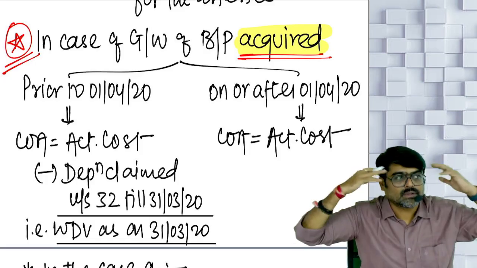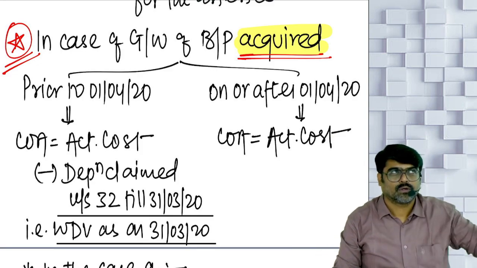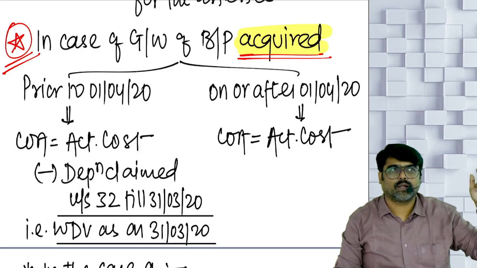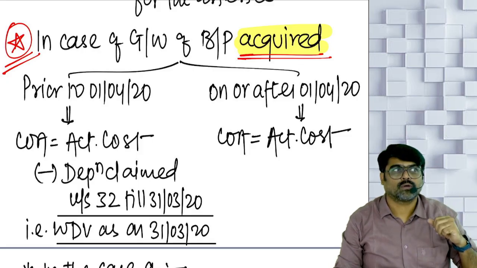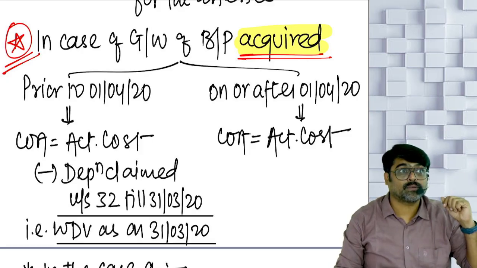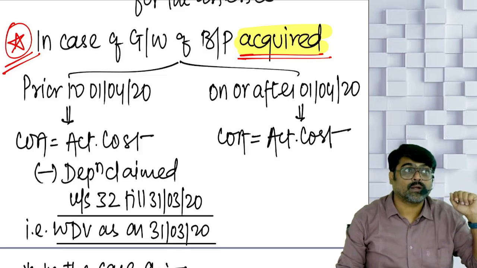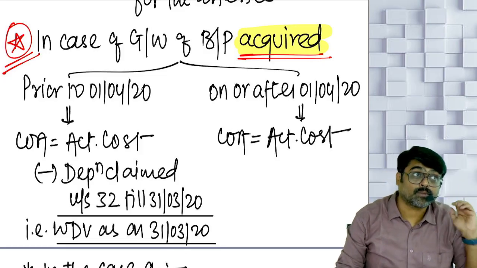But you have to just visualize. Oh, so this was taken in 18-19, 100 lakhs. In 18-19, the goodwill was allowed. Sir had explained in the class, goodwill was allowed under PGBP head. So out of this cost, some cost would have been already claimed under PGBP head till 31st March 20.